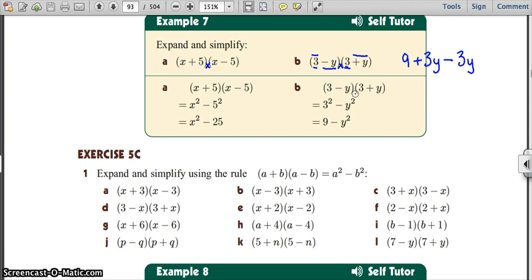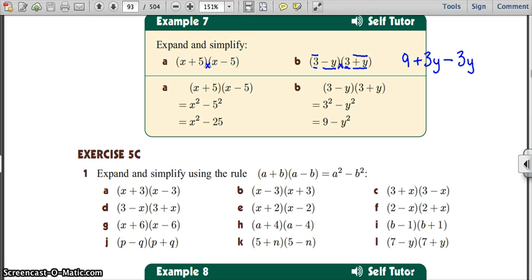3Y. And last, what are our lasts here, Lockie? The positive Y and... Yes. Yep, good trying, good trying.